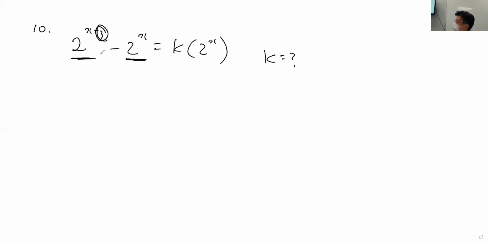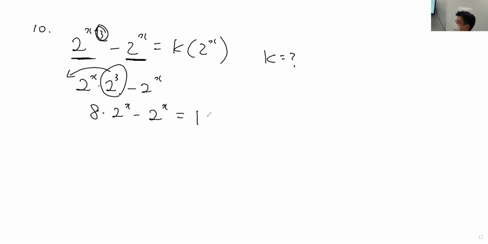So what we can do with this one is 2 to the x power times 2 cubed minus 2 to the x power. And 2 cubed we can put out, which is 8 to the x power minus 2 to the x power. That is k to the x power. And we factor this out, which is 8 minus 1 to the x power, k to the x power. This one goes away, k is 7.